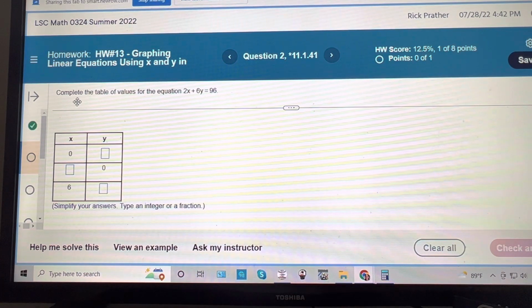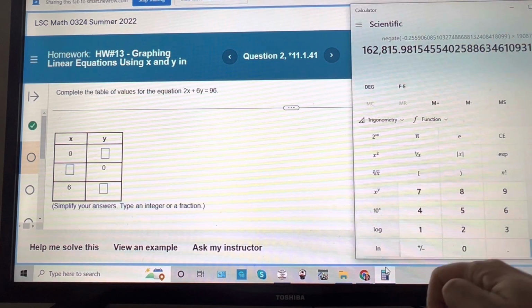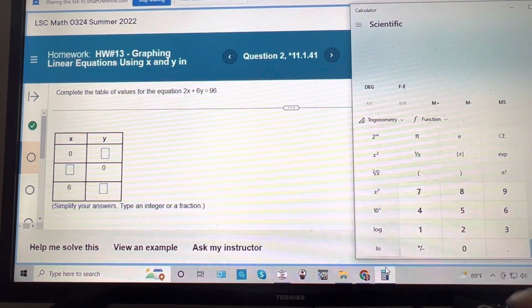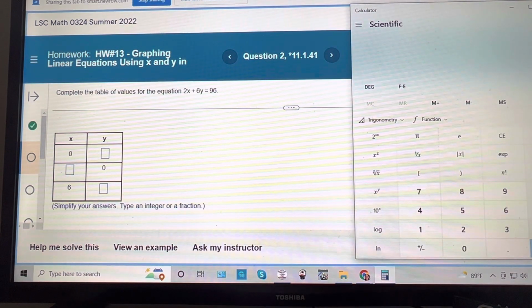Okay, so I guess this is the same, but notice how they're putting 0 in for x. That's literally going to make the 2x disappear. So you'll just be left with 6y equals 96. You want to get rid of that 6, so divide both sides by 6. 96 divided by 6 is 16.